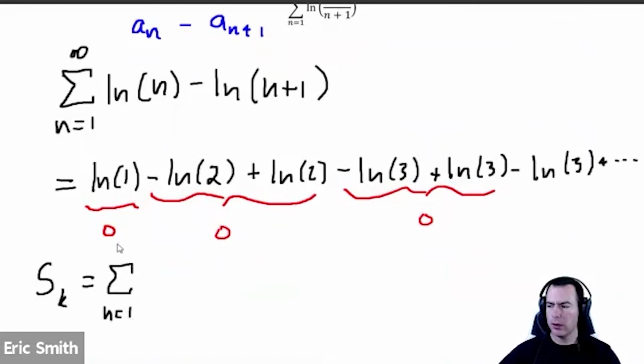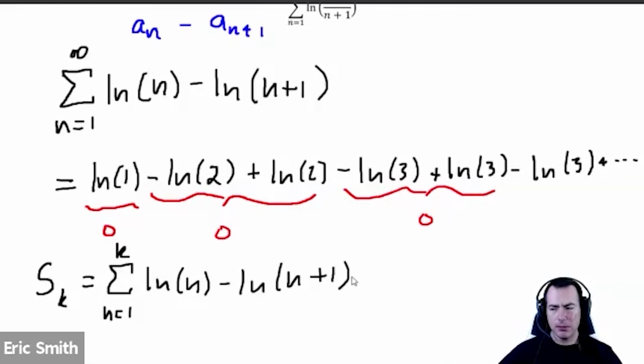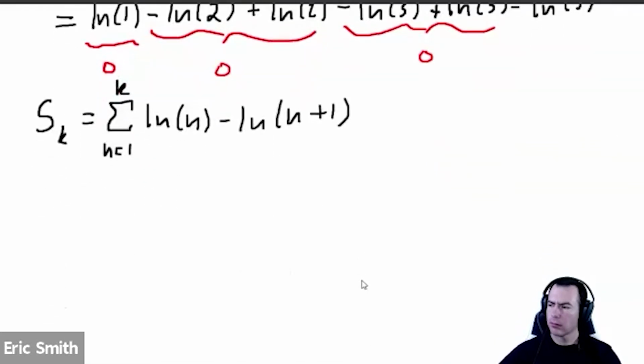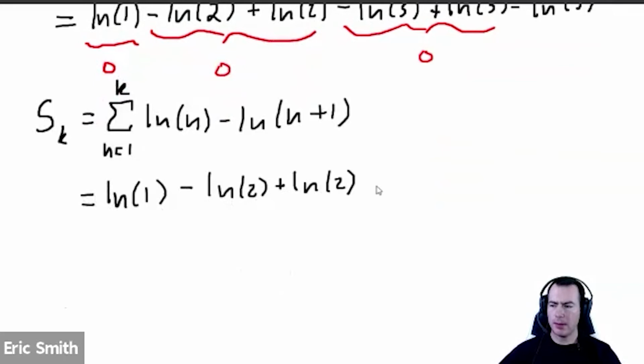So n equals 1 all the way up to k of the natural log of n minus the natural log of n plus 1. It seems like a small change. It looks like we're going to get all the same terms, but the difference is that this thing will stop at some point. Eventually there will be a last term in here, the natural log of k minus the natural log of k plus 1.